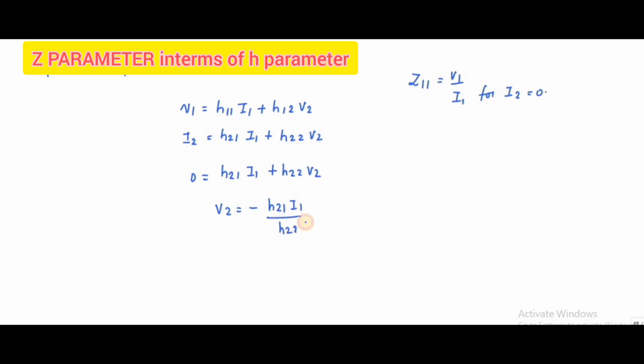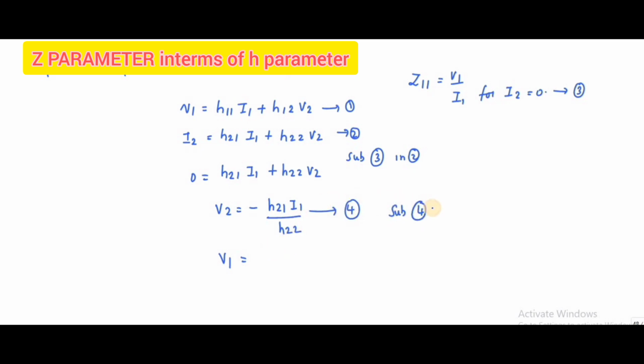So V1 is equal to H11. Okay, this is your first equation. This is the second equation. Substitute 3 in 2 and 4 in 1. Okay, substitute 4 in 1.